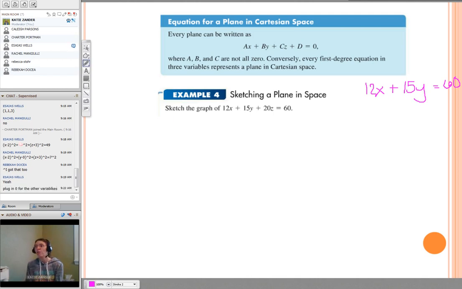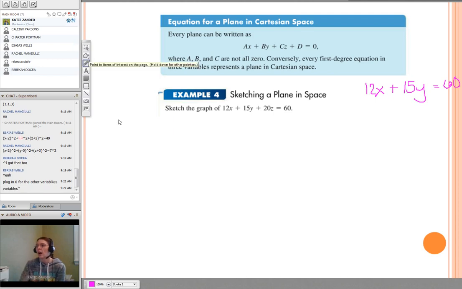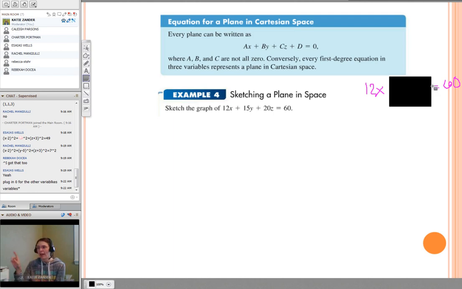Plug in 0 for the other variables, right? I like to call it the cover-up method as well. So plugging 0 in kind of makes that variable disappear, right? So if I were to plug 0 in for y, that disappears. I can cover it up, and I can then solve for the x that's left.